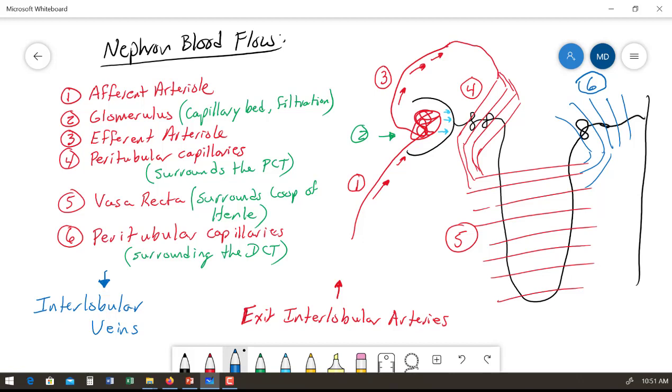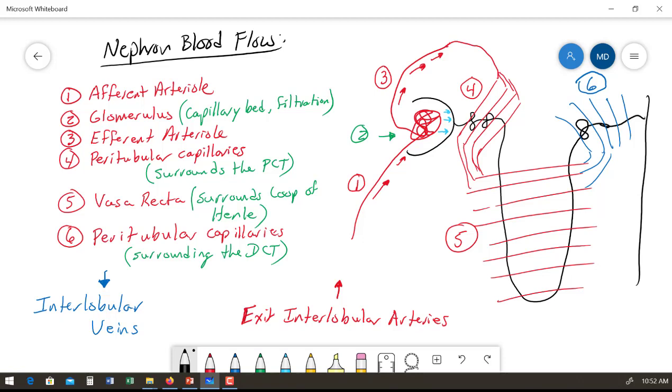The reason I'm showing this is because it actually is very important for the functioning of the nephron. So just to step through this real quickly again, the blood is going to enter towards the nephron here, coming from the interlobular arteries. It's going to flow through then what are called afferent arterioles, which is a bunch of split out smaller arteries going to the glomerulus. Filtration is going to take place here within the glomerulus.